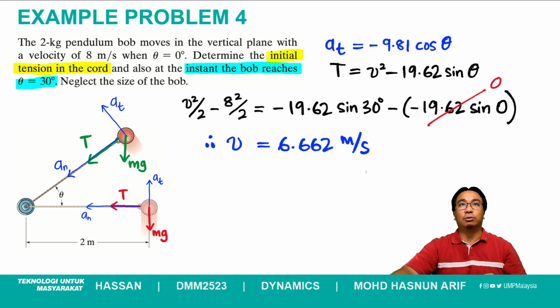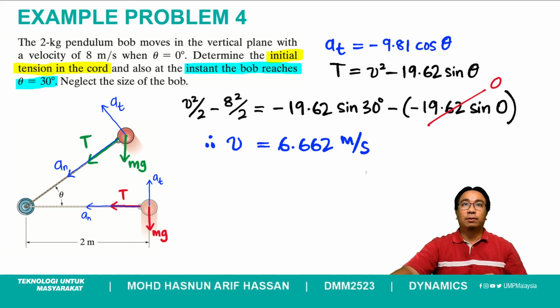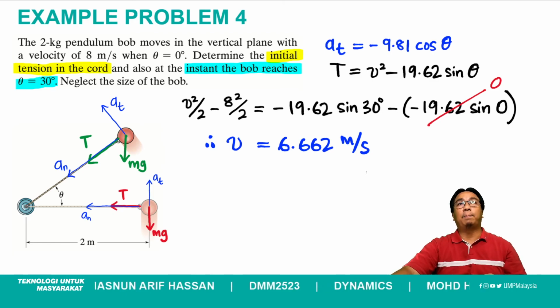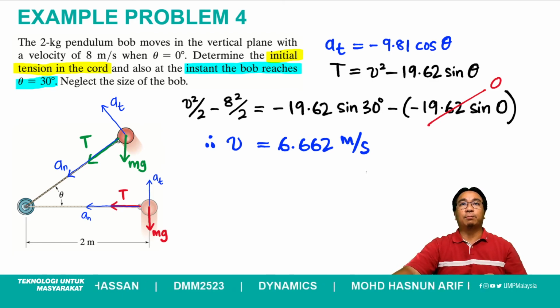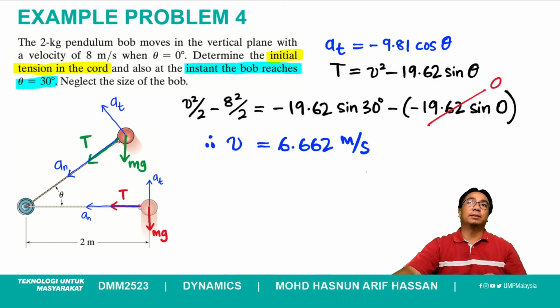So you just do some rearrangement. You can bring 8 square over 2 to the right and then multiply by 2 and then you square root to get V equals to 6.662 meter per second.